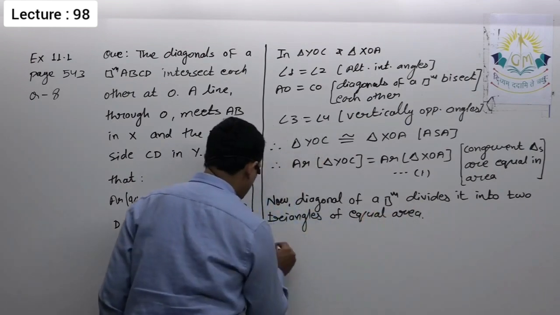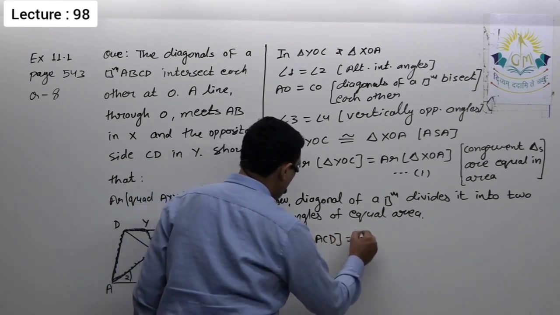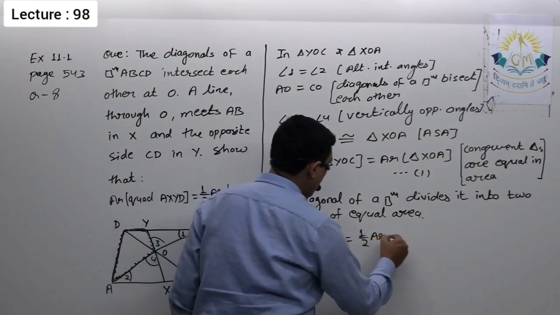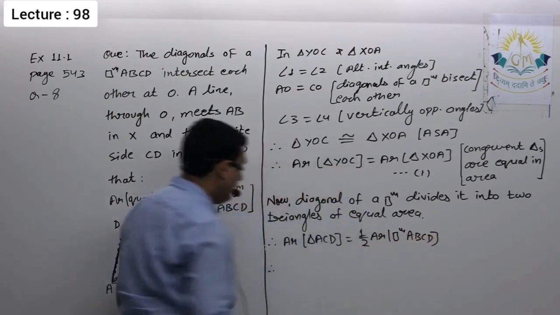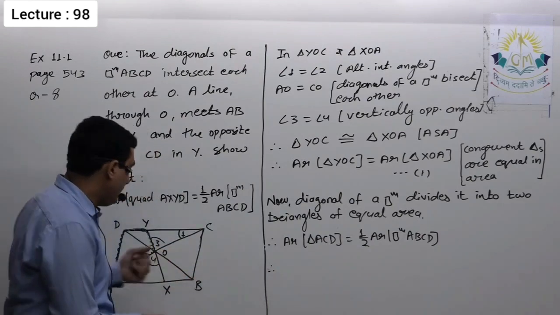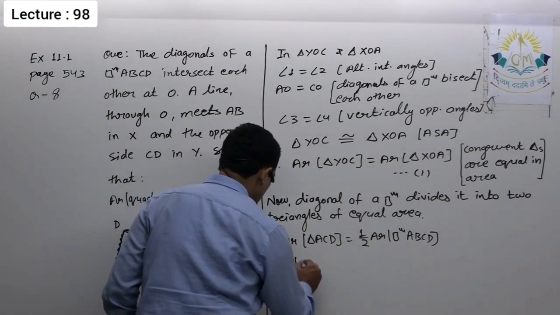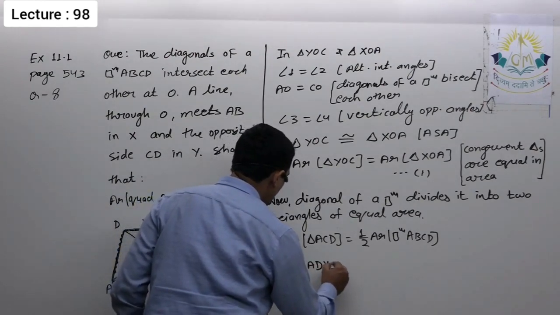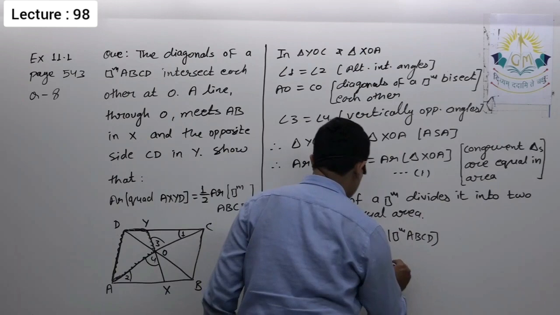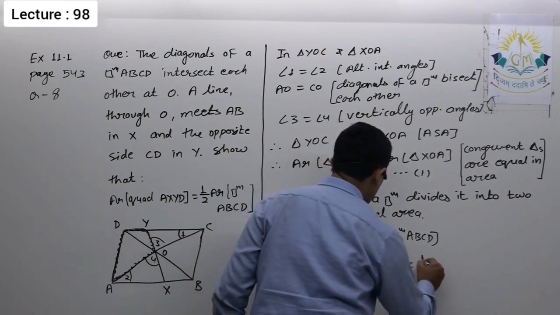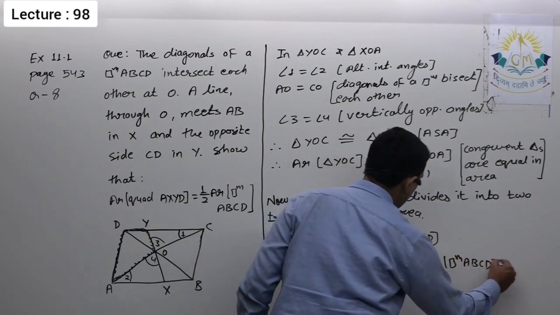On the basis of that I can write, therefore area of triangle ACD is equal to 1 by 2 area of parallelogram ABCD. Now in place of area of triangle ACD, I can divide it into two parts. So I write area of quadrilateral ADYO plus area of triangle YOC is equal to 1 by 2 area of parallelogram ABCD.